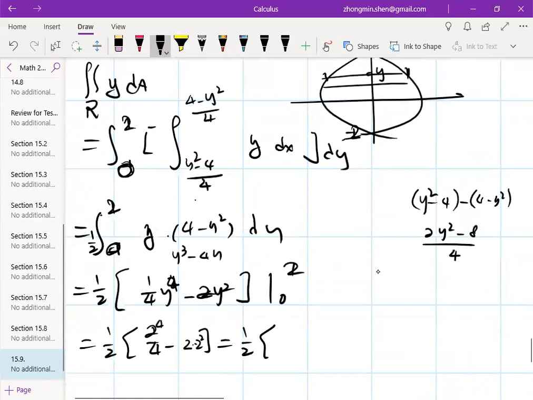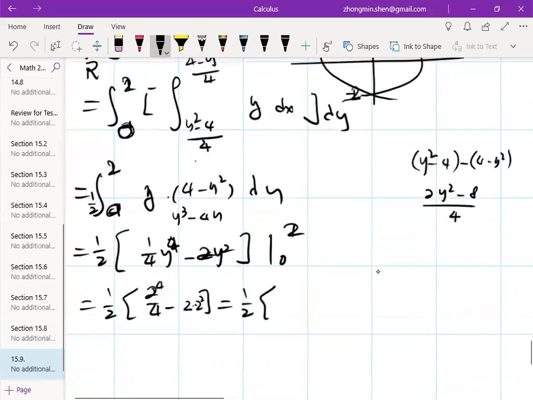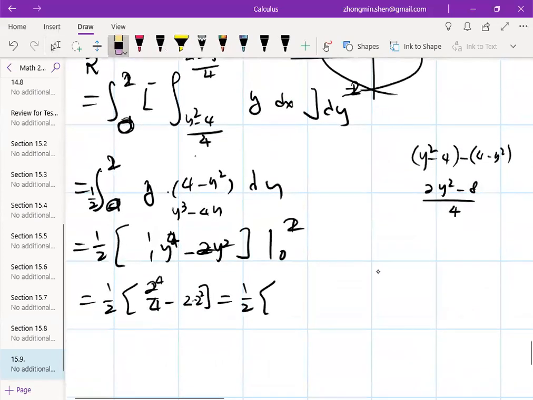So this will be negative, this will be positive. Otherwise, I get a negative value. So when you see a negative value, something's wrong. You have to change it. So this will be 4, negative 4, and here's 8. So many small mistakes.